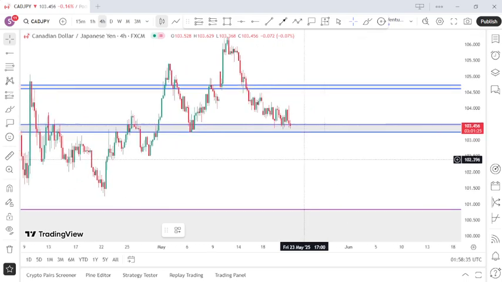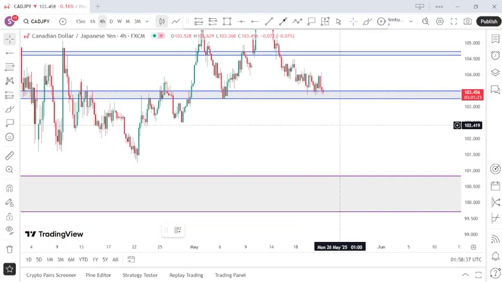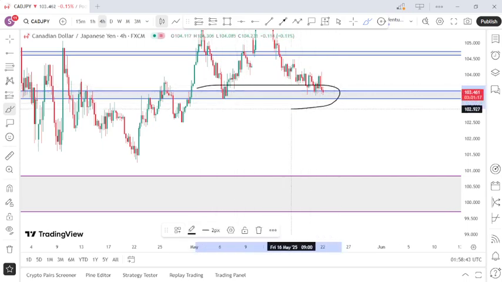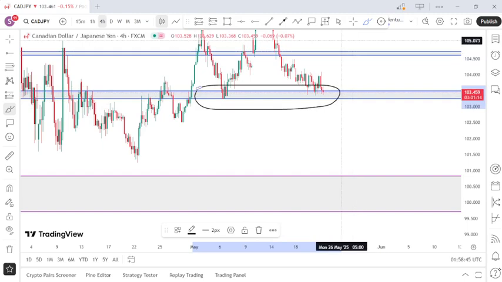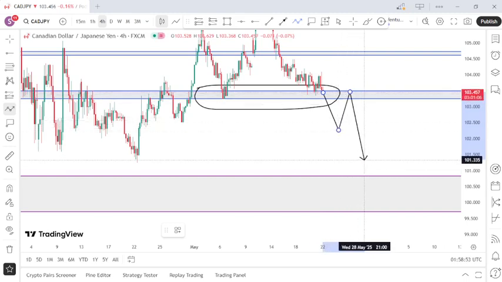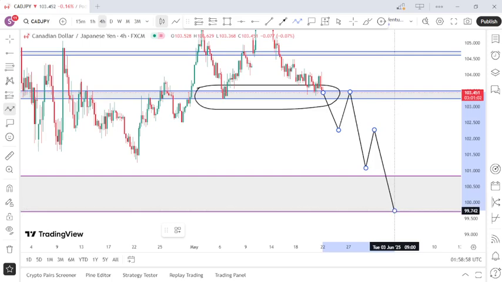Here on CADJPY, this is what you are going to be waiting for. Because of this strong support zone here, we are going to be waiting for CADJPY to break out of the support zone, come back for a retest before we sell all the way to the downside.